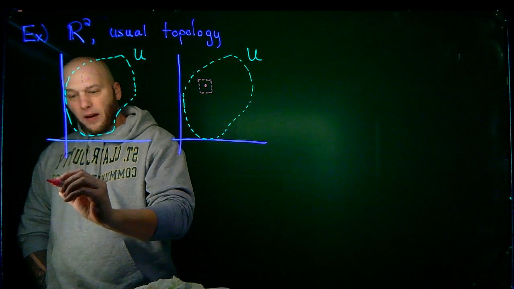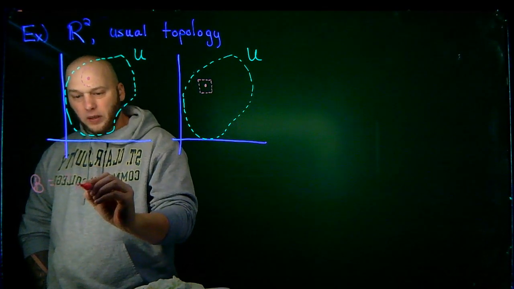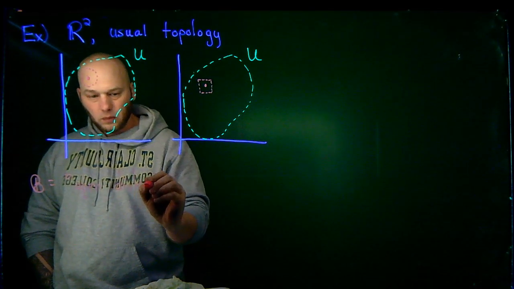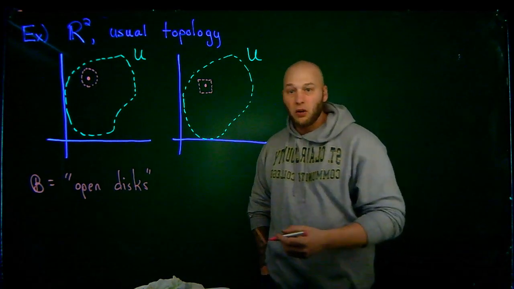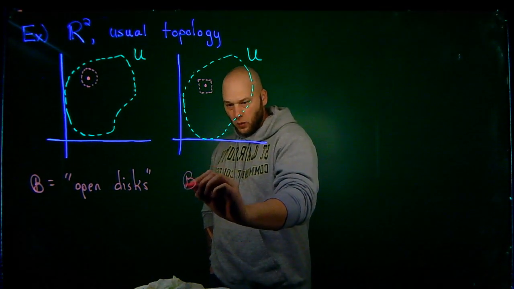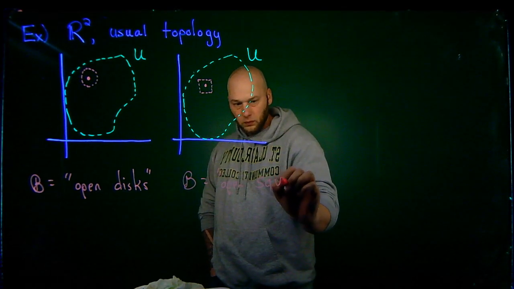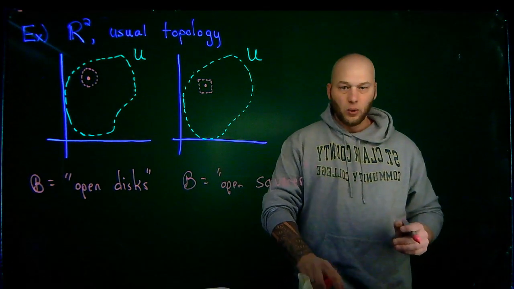Therefore, for my basis, we could have open disks, which would be one basis that we could use to generate the usual topology. And over here, we could also use open squares to generate the usual topology.